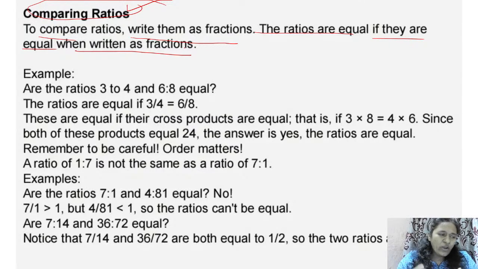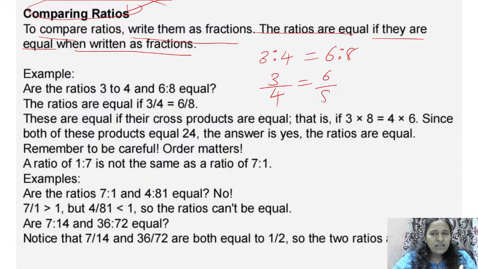How can we say that the ratios are equal? Suppose 3 ratio 4 equal to 6 ratio 8. How can we say that? If we write them in the form of fractions, then if both ratios are equal, we can say that these two are equal.